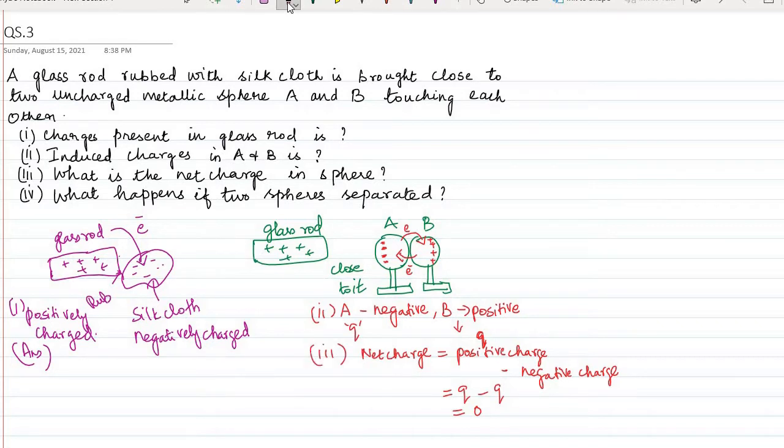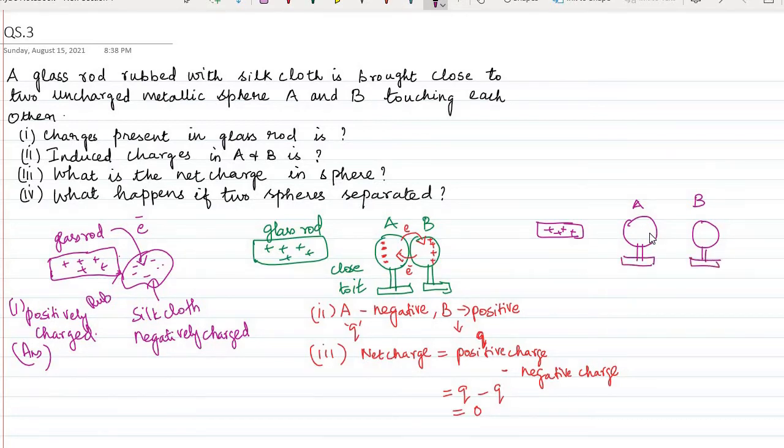And for the fourth, what happens if the two spheres are separated? In the presence of the glass rod, you have to separate the two spheres A and B. The two spheres are identical.